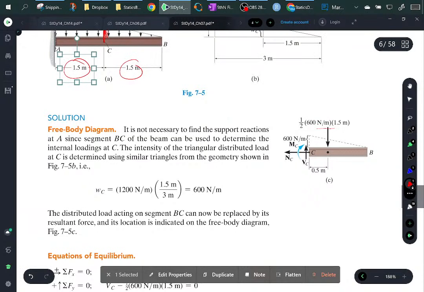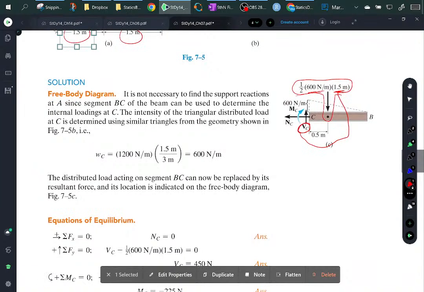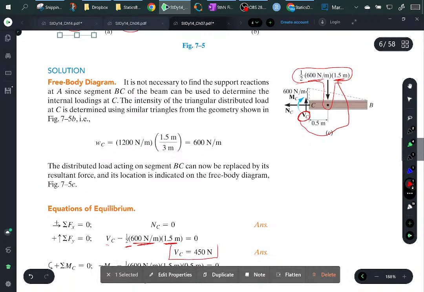So what he's redrawing is he puts this in a dotted line sense, and he says that this is going to be the equivalent diagram. So, therefore, if you sum the forces in Y, this VC only has to offset that, and I don't know the value of that, but whatever 1.5 times that divided by 2 is. And so here you go. 1.5 times that divided by 2 gives you the VC of 450.